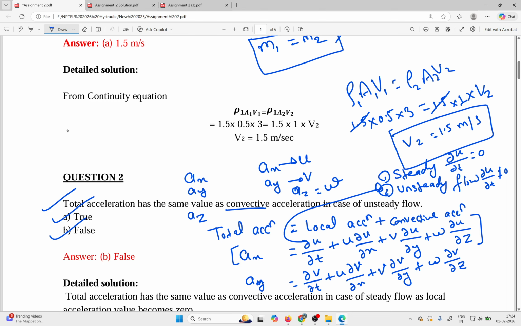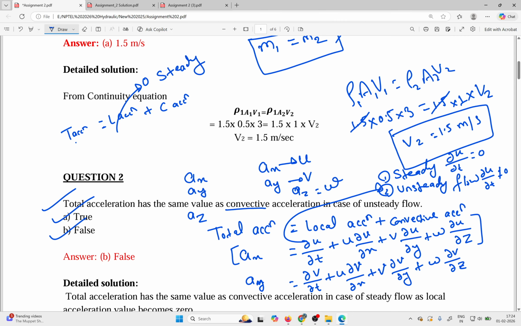In case of unsteady flow, the total acceleration is a combination of these two. Total acceleration is equal to local plus convective acceleration. In case of steady flow, the local part will be 0, so the total acceleration equals the convective acceleration.